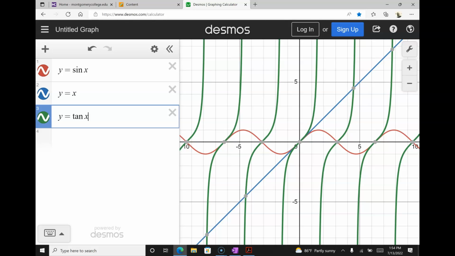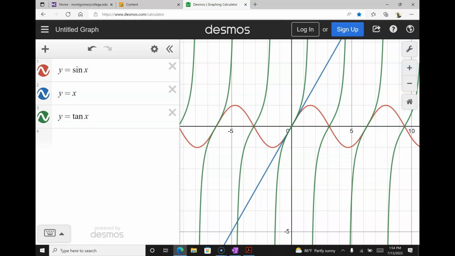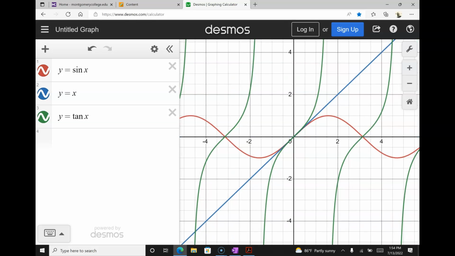Do you see a squeeze happening at 0? Tangent is the green one, if we're looking at the right-hand side. Sine is the red one, and it's squeezing on y equals x. Not that y equals x is a difficult function to deal with for a limit.